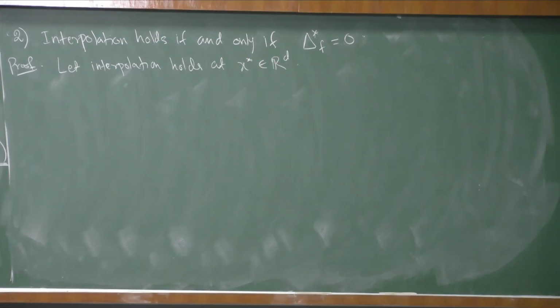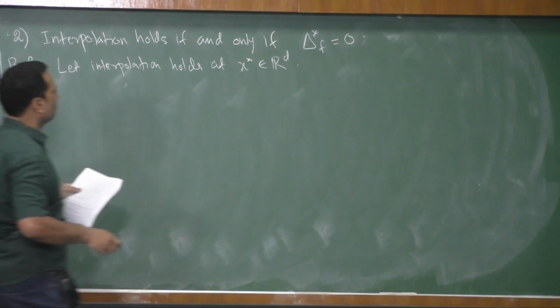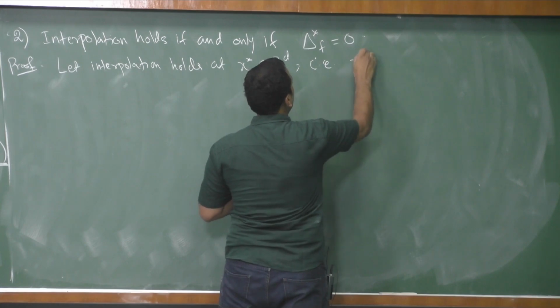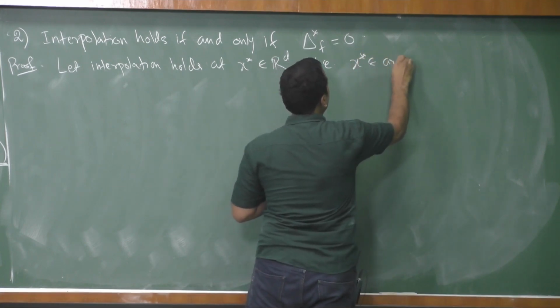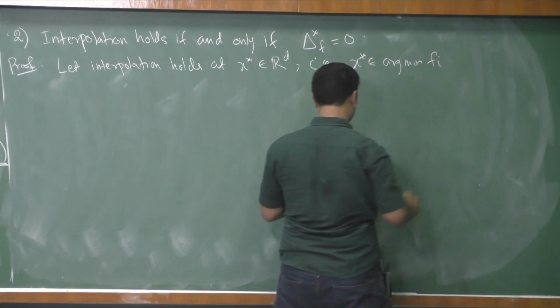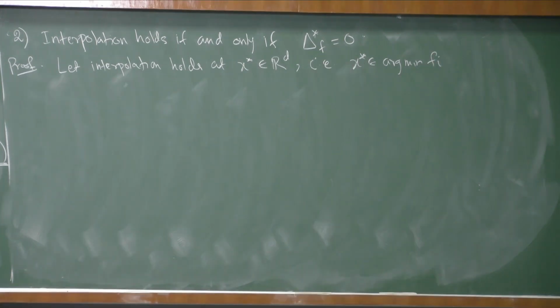So this exactly means that x star is in argmin of fi. And in the lemma that we have shown, if the interpolation holds, then x star is also in argmin of f.